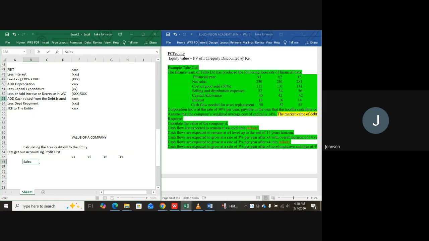In the question, they told us that it is 230 for year 1. Year 2 is 261. The other year is 281. The last year is, let me check.